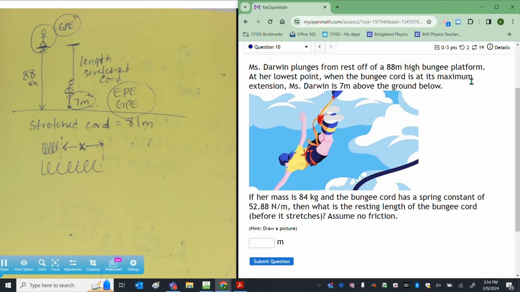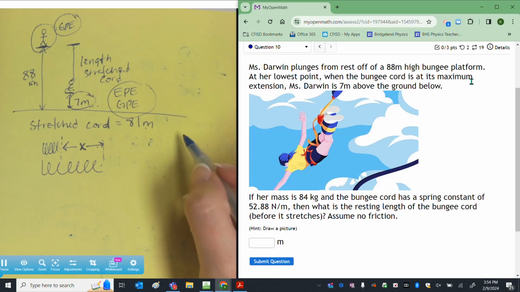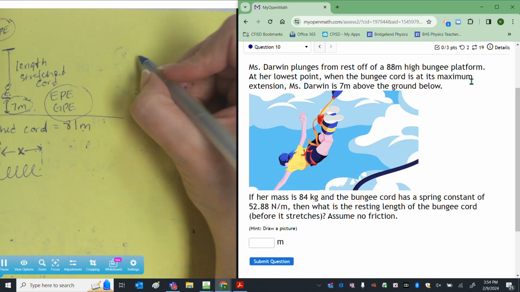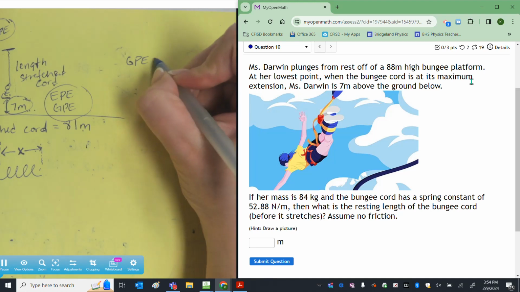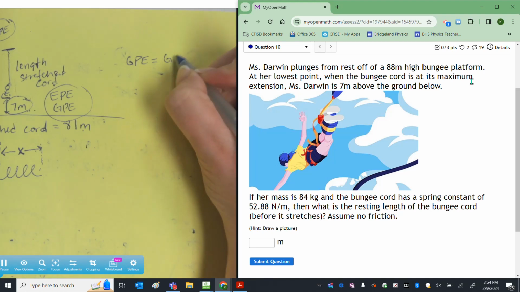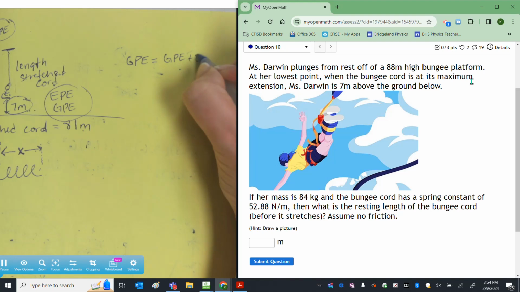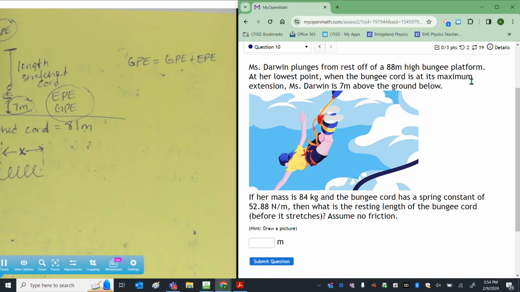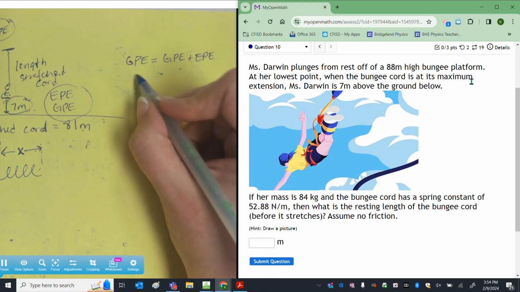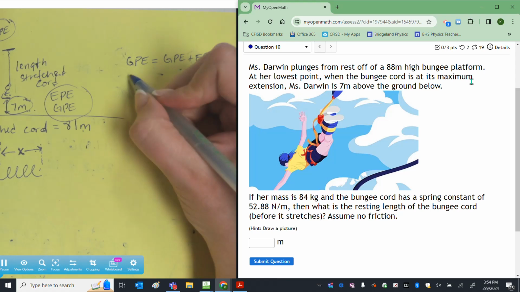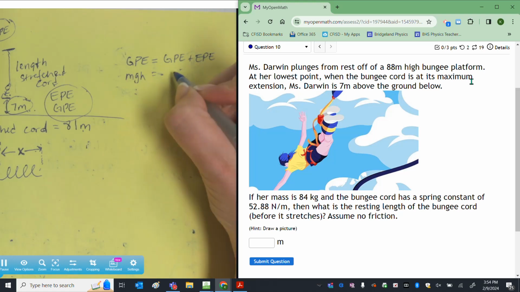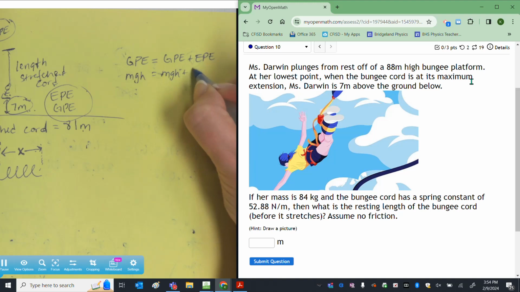So your equation looks like this. The GPE at the top equals the GPE at the bottom plus the EPE that it has at the bottom. Again, we don't have these energy values, we have variables. mgh equals mgh plus 1/2 kx squared.